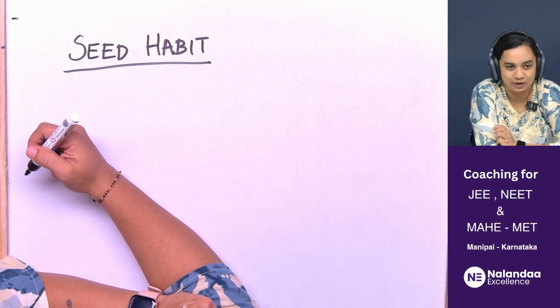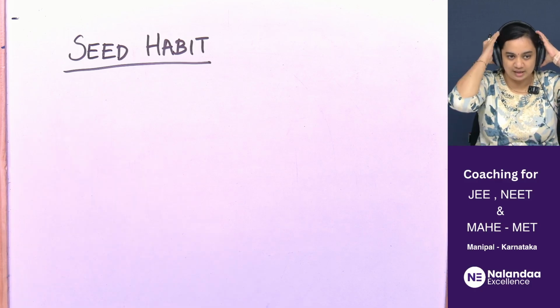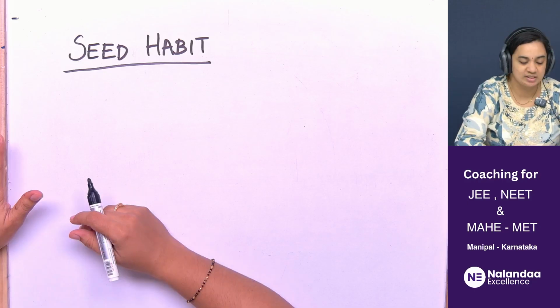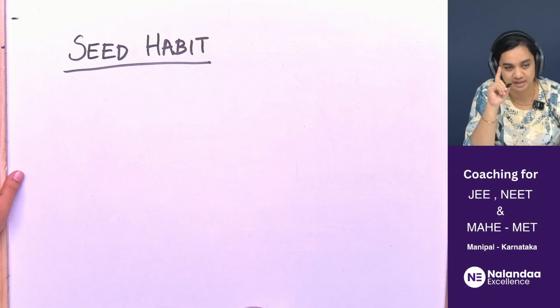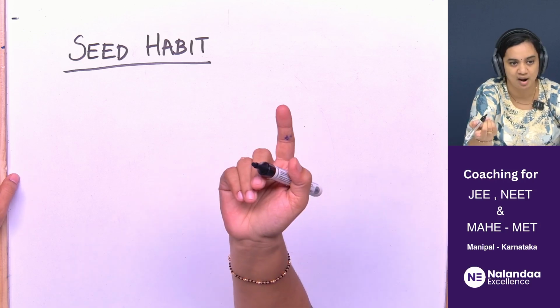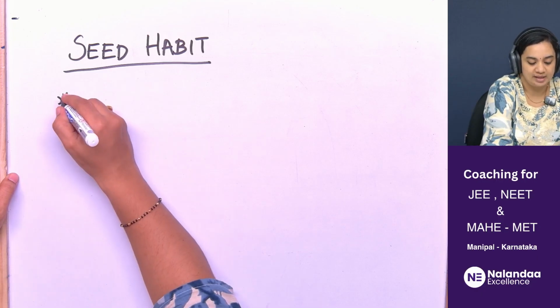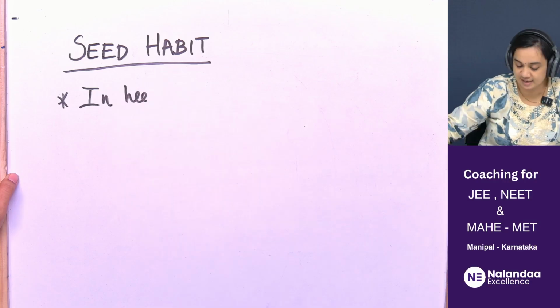So these pteridophytes are seedless plants. Your algae, bryophytes and pteridophytes do not produce seeds, right? Whereas gymnosperms produce seeds. But the first evolutionary step in the production of seeded plants was actually done by pteridophytes. How? In heterosporous pteridophytes like Selaginella.